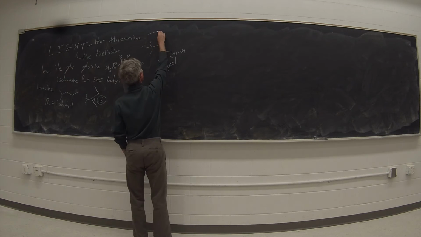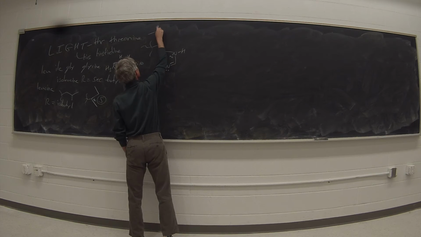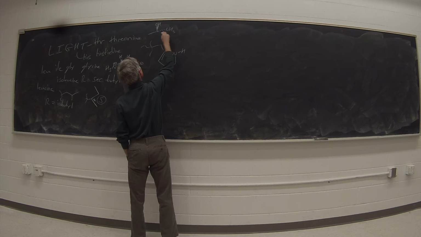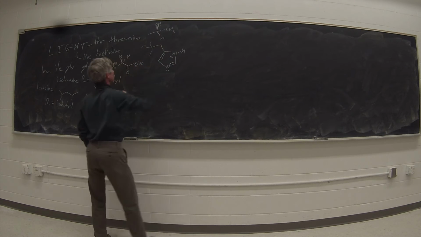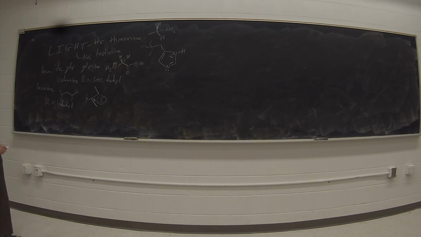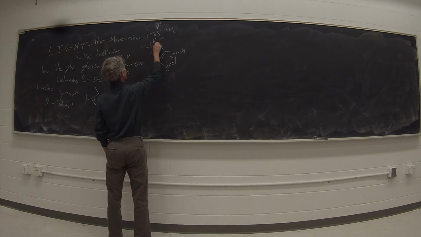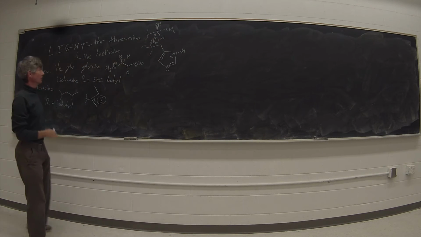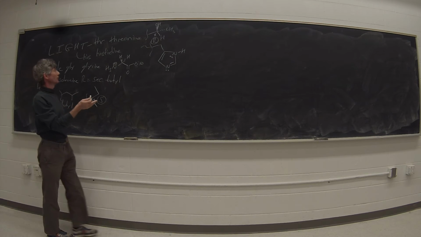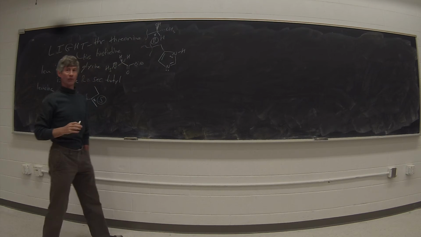Threonine has an OH group and a CH3. So it has a chiral center. And the chiral center for threonine is actually the R chiral center, so it's the opposite in that additional chiral center. Still S at the alpha carbon, but R in the additional chiral center where you have that hydroxy group.